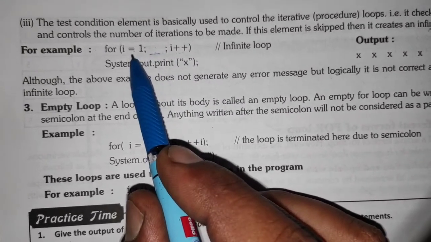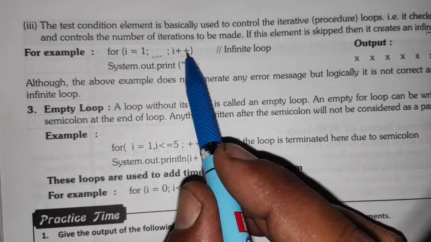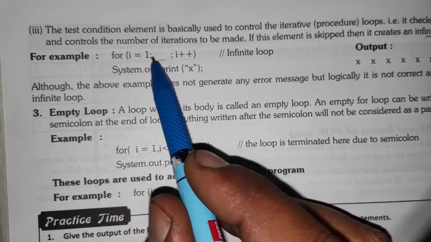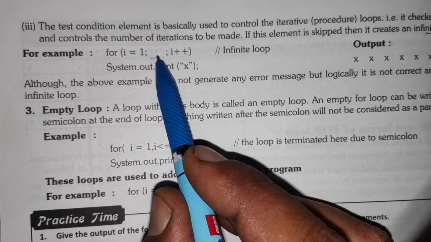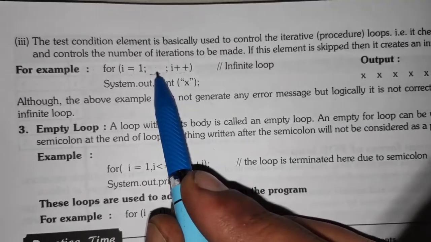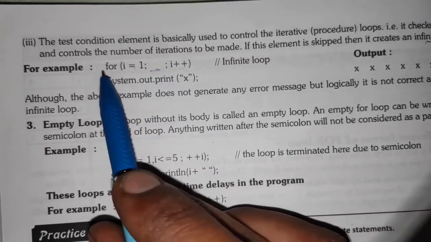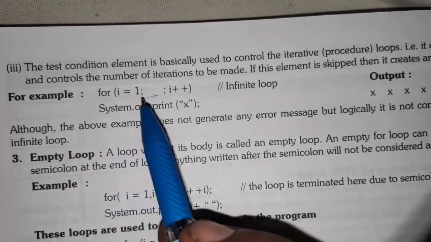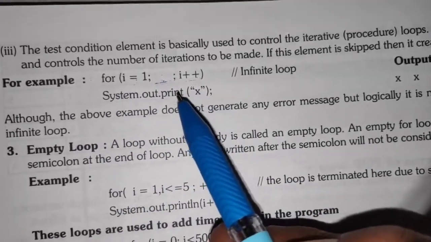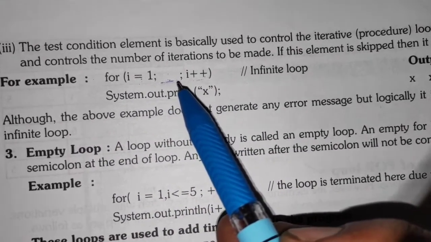So this loop will become a never-ending loop. You have to stop this program forcefully, because it will not stop automatically, since the CPU will run this loop continuously. That is called an infinite loop.